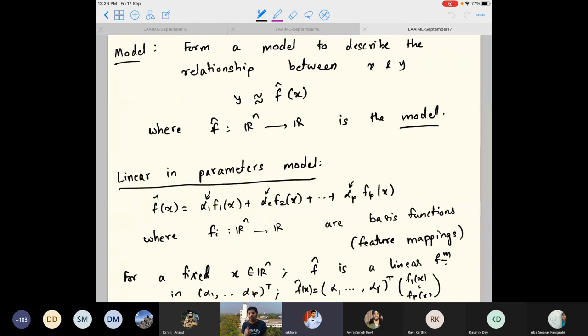Because the model is linear in parameters, what we are interested in is only the linear relationships amongst the model f1, f2 up to fp. So if one of the functions, say for example fp, you can write down as linear combination of the remaining functions f1, f2 up to fp minus 1, then fp is not giving you any additional information. So any additional information in the bracket with respect to linear combinations other than f1, f2 up to fp minus 1. So we don't want that function.